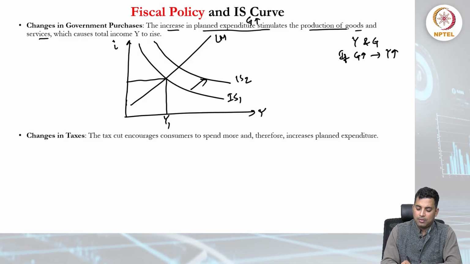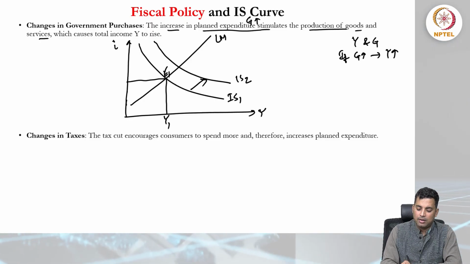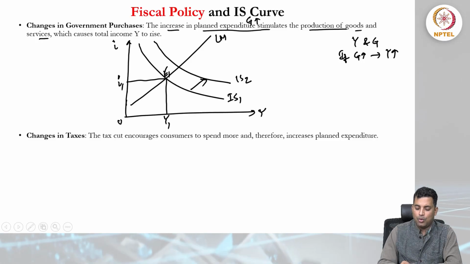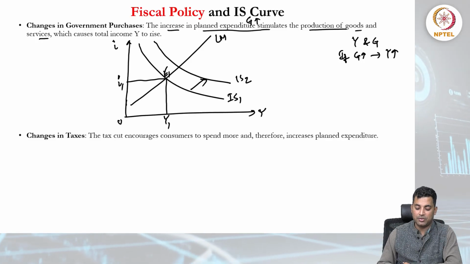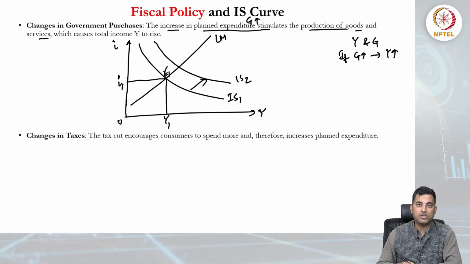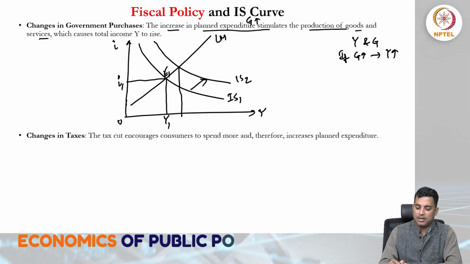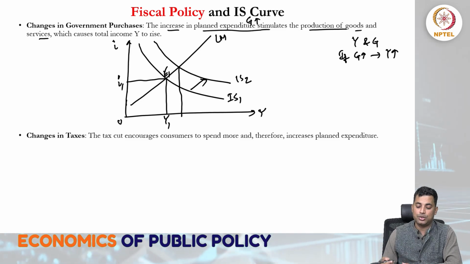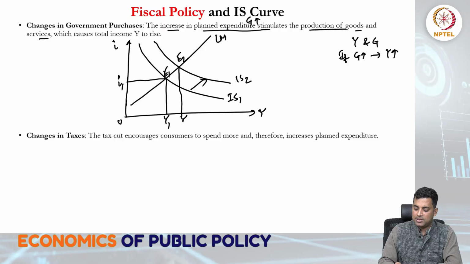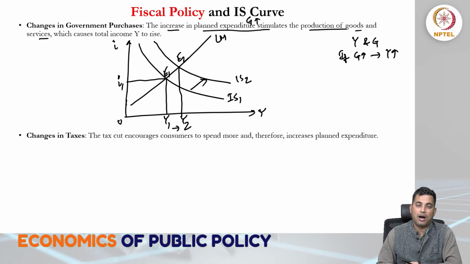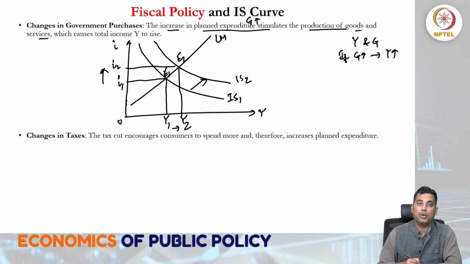If you see, at the initial equilibrium E1, we have OY1 output and OR1 rate of interest. With expansionary fiscal policy, the IS curve shifts rightwards, and we get a new equilibrium point E2 between IS2 and LM, which means we have higher output, but at the same time the rate of interest also goes up.